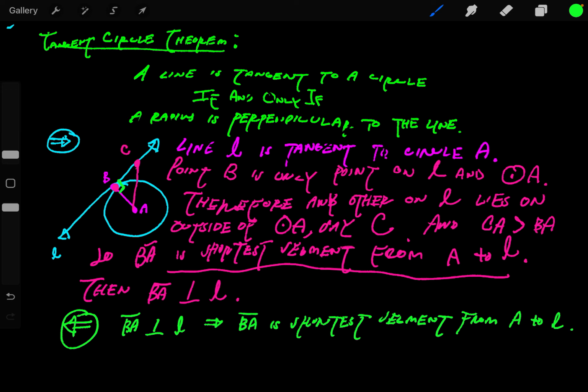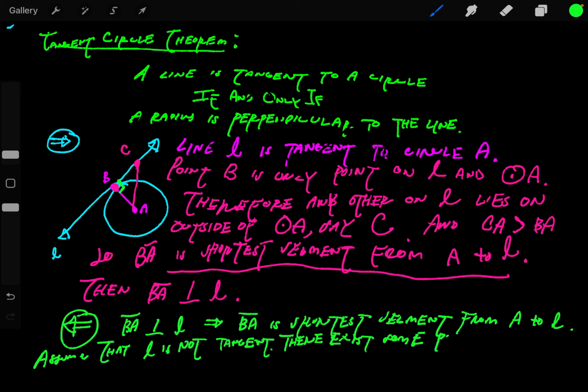Now, we assume that L is not tangent. Now, off of your assumption, there exists some point C on L and circle A. And with that, let's do a little drawing over here.